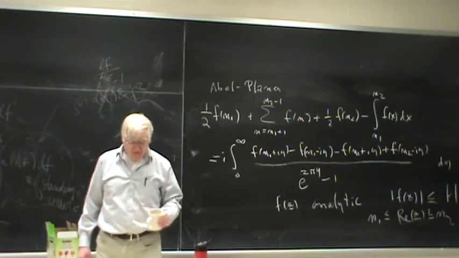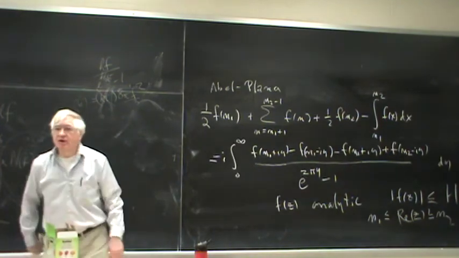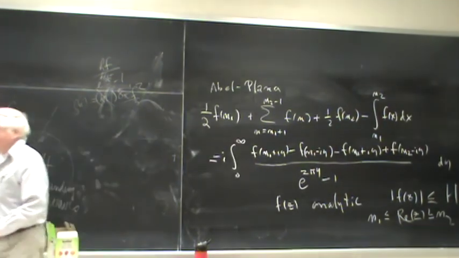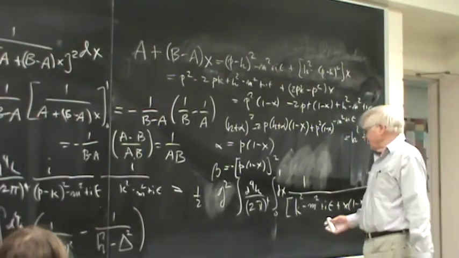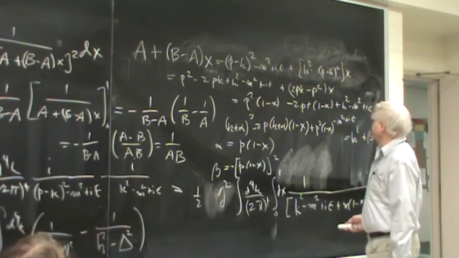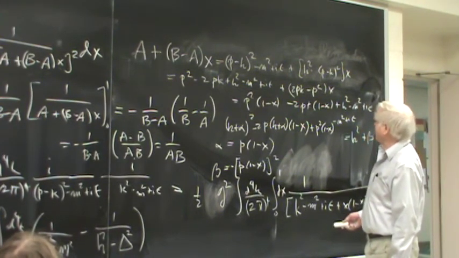Why did we need to shift k? Why do we need to shift k? All right, hold on. Well, we need to shift k because, let's look at it before k.